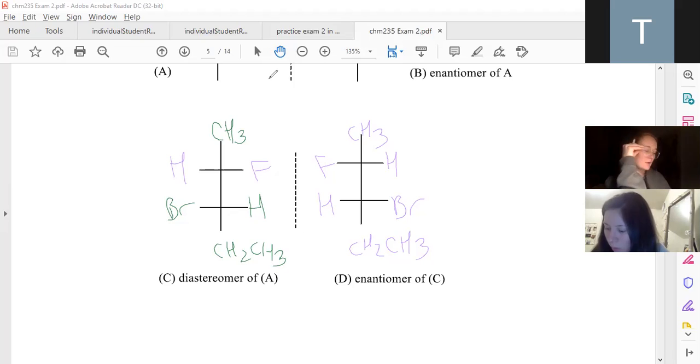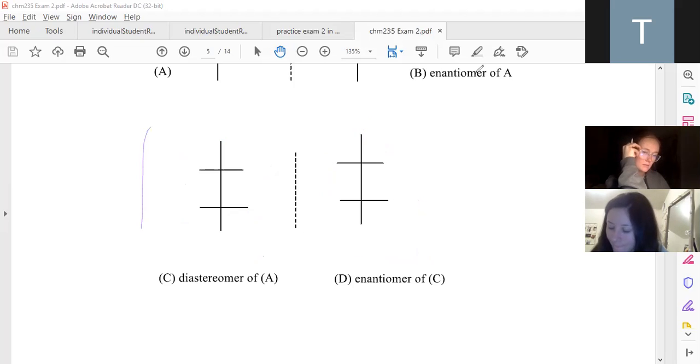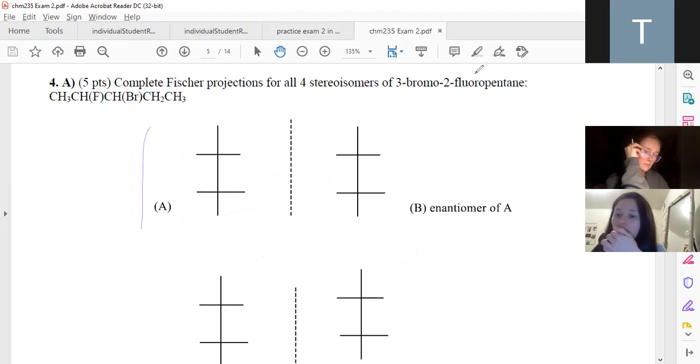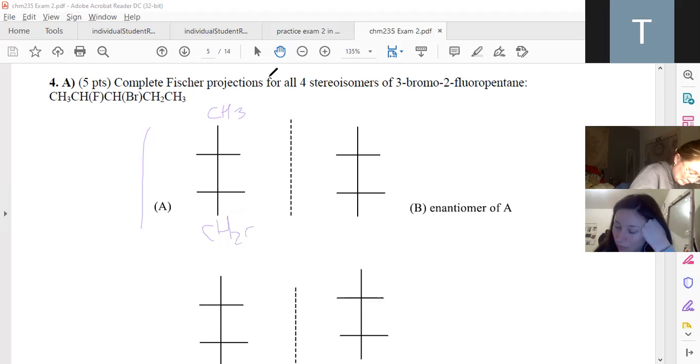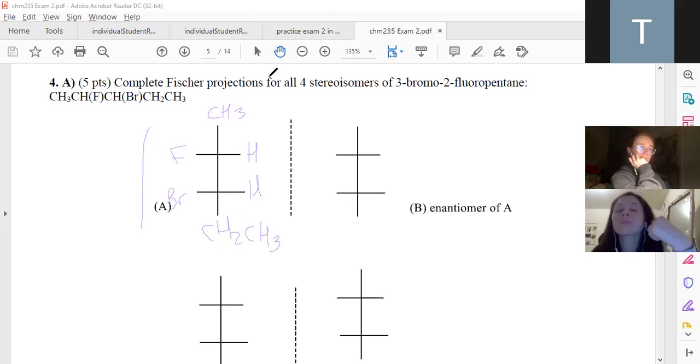Here, I'm going to go back up to the top and draw the original ones again up here. So for our original one, it doesn't matter how you do it again, just be consistent. So CH3, and then it was FBr, H. So for an enantiomer, you flip both of them, right?